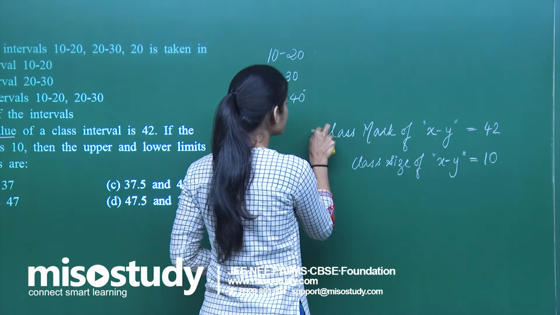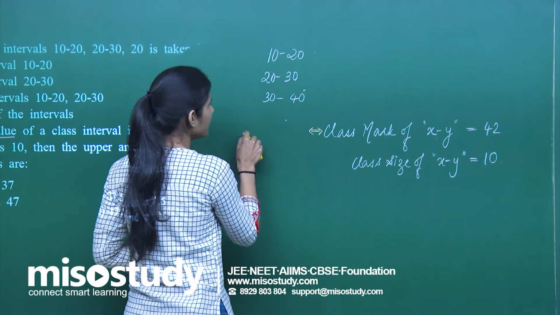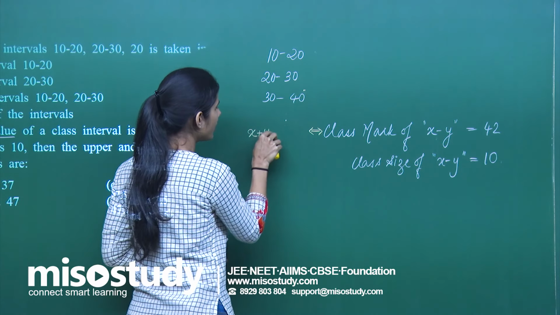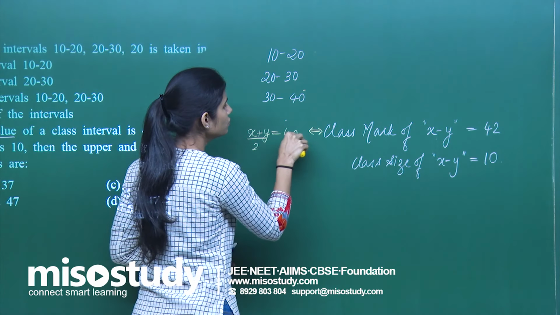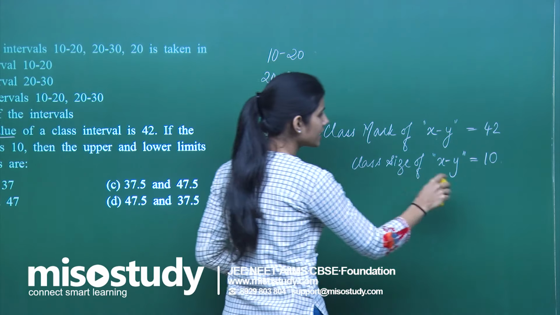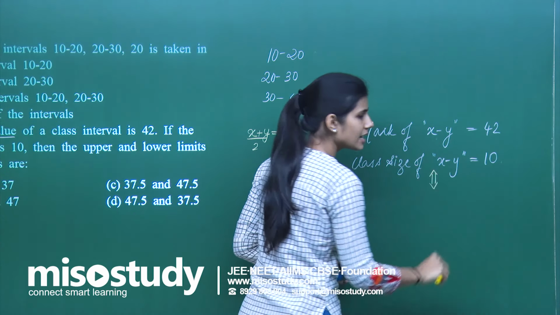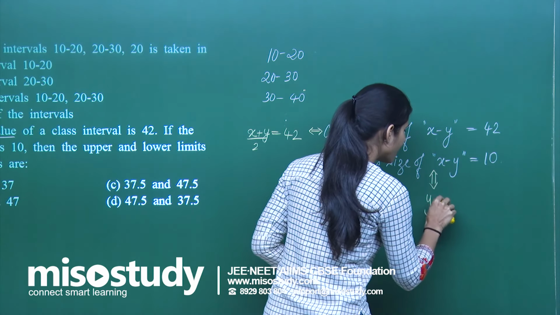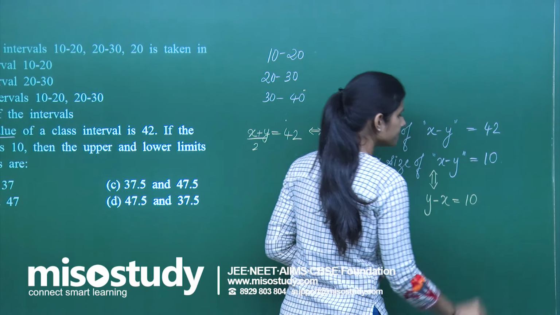So this means if x to y is the class interval, its class mark is 42, that means x plus y upon 2 is 42. And what is the class size of the x to y class interval? Width, upper limit minus lower limit. So you have y minus x is 10.